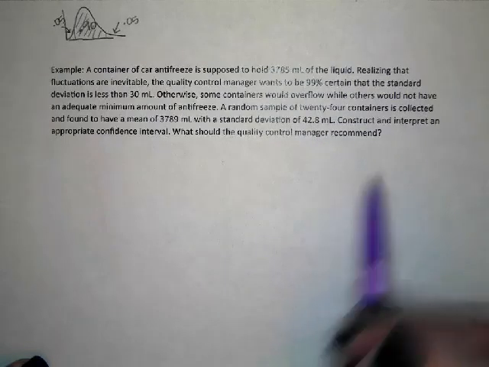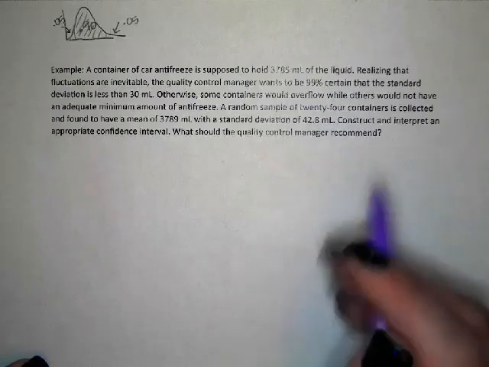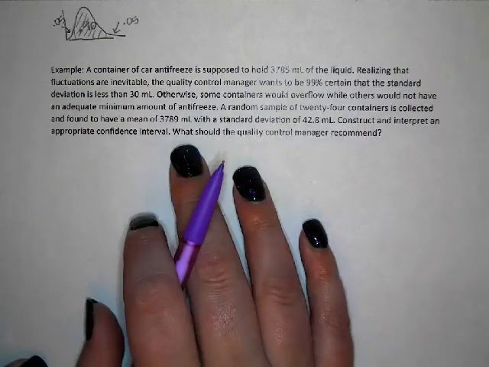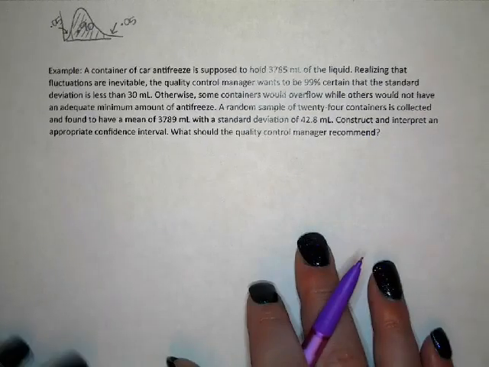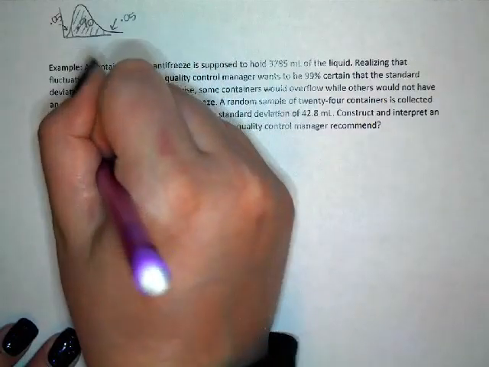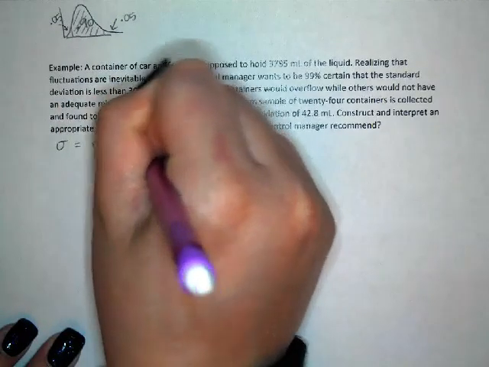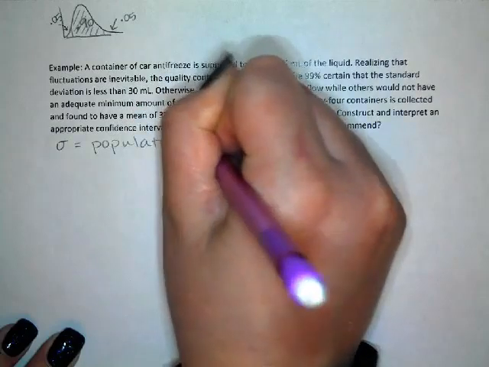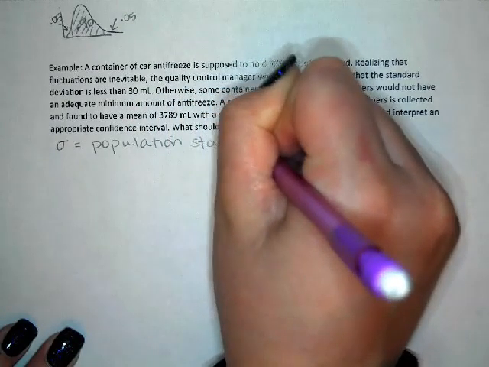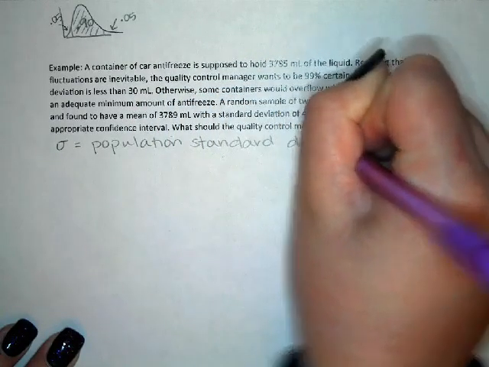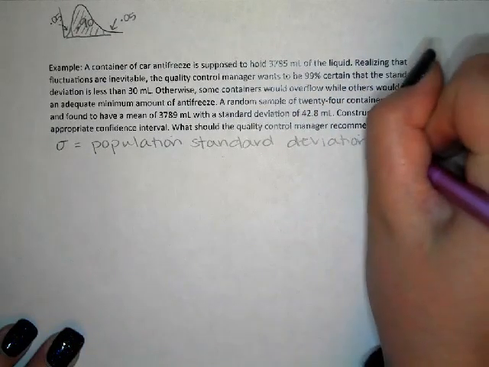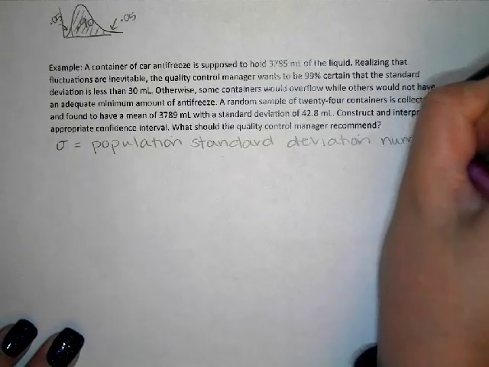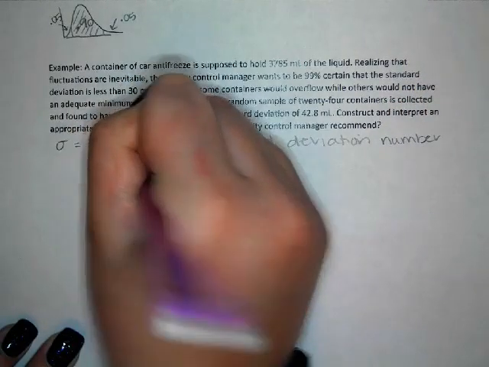That's the same as everything else we've been doing. The thing that's different is what should the quality control manager recommend? So that's taking the interpretation a step further. So sigma is the population standard deviation number of milliliters of antifreeze per container.